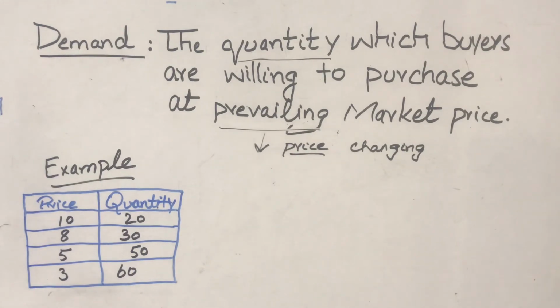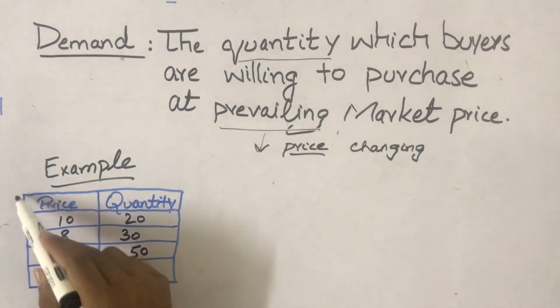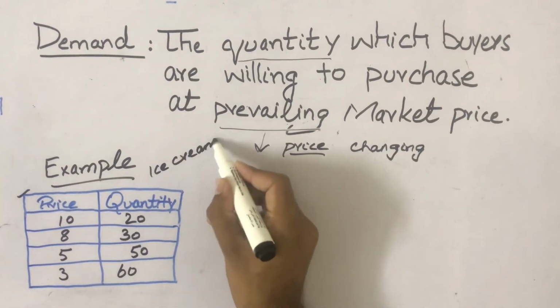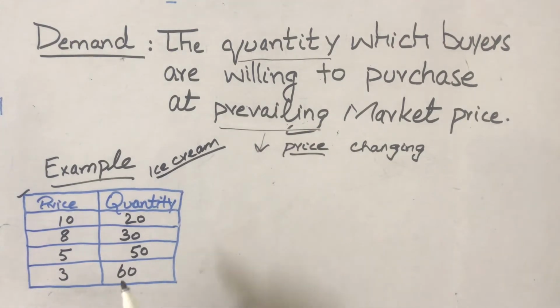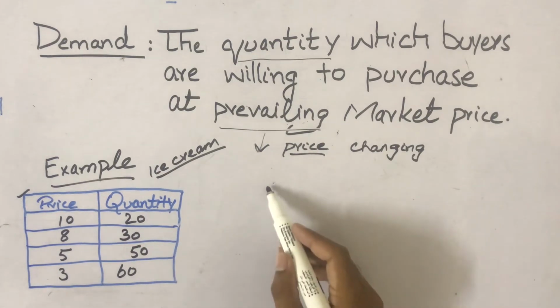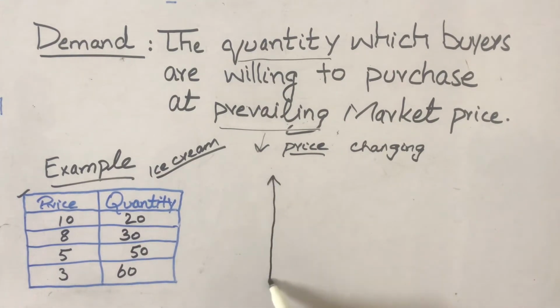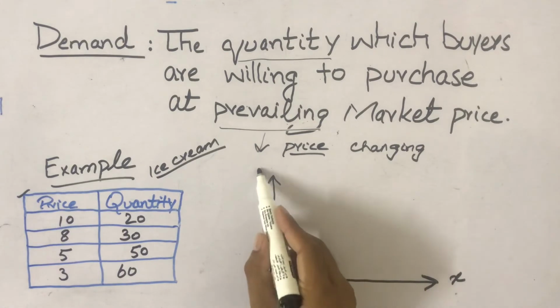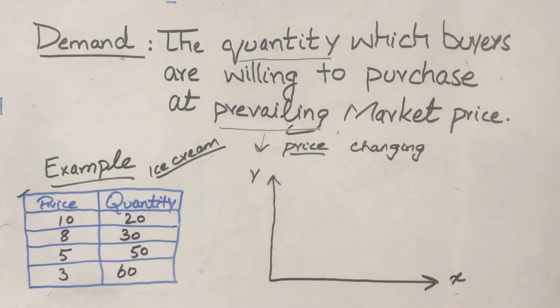Here we'll take an example. Here we have price. Let's suppose it's ice cream. How change in the prices change the demand of the ice cream. We'll draw a graph here. This is the x-axis, this is the y-axis.